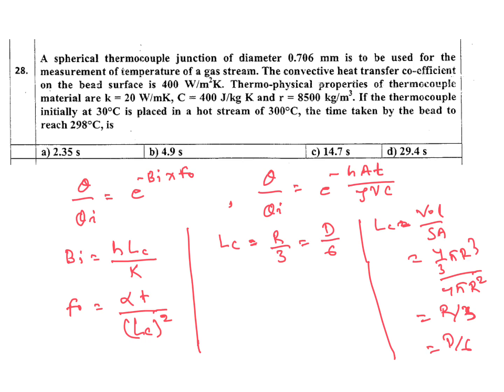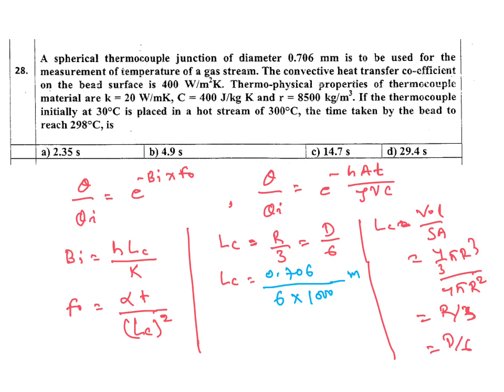In this question, the data are: LC is D by 6, with 0.706 mm, so divide by 6 into 1000 to get meters. All are in meter, so convert into meter.